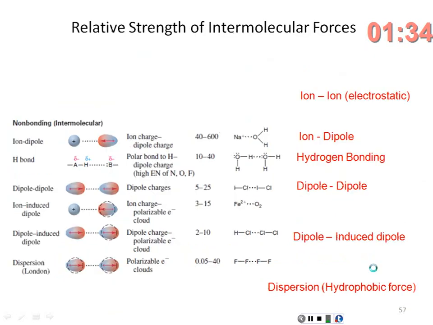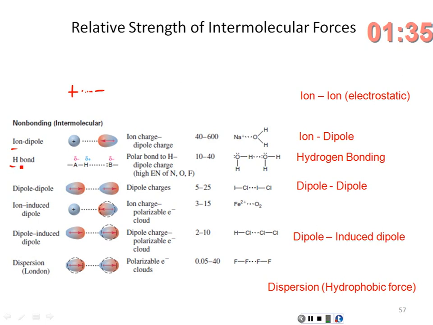All right. So what I think is really important for the exam is that you know the relative strengths of the intermolecular forces. So if we go back and do a summary here, this figure's from your book. It's not showing the ion-ion interactions. So if you had a plus-minus interaction, basically an ionic bond, that's the strongest. That's followed by ion-dipole, where you have one ion, one polar molecule.